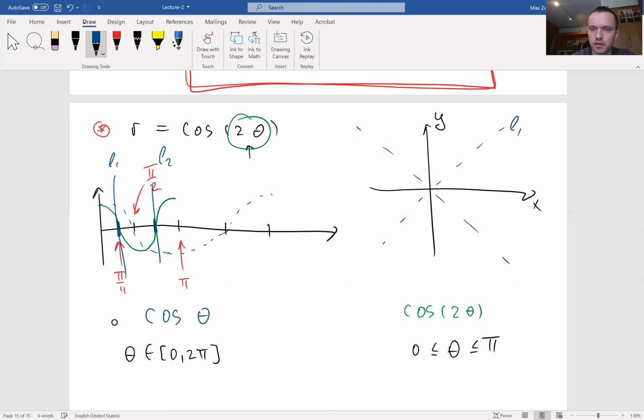L1, this L2. So you can see when my angle is going to change over here, first my radius is going to be negative. So that means I'm going to sketch my graph over here. And then my radius is going to go from 0 to 1 when it's equal to pi over 2. And then from 1 back to 0 here.